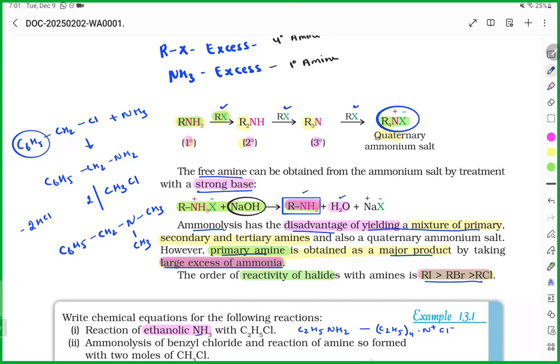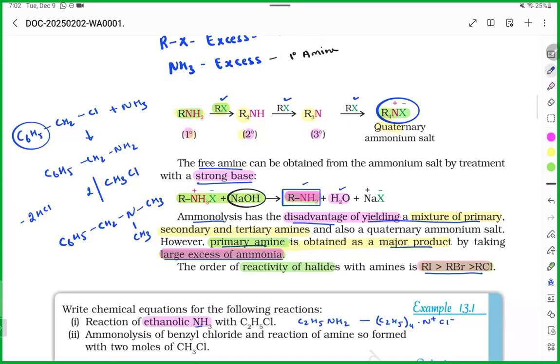Done. Make sense? Anybody have doubt? Jordan and Samarth, any doubt?